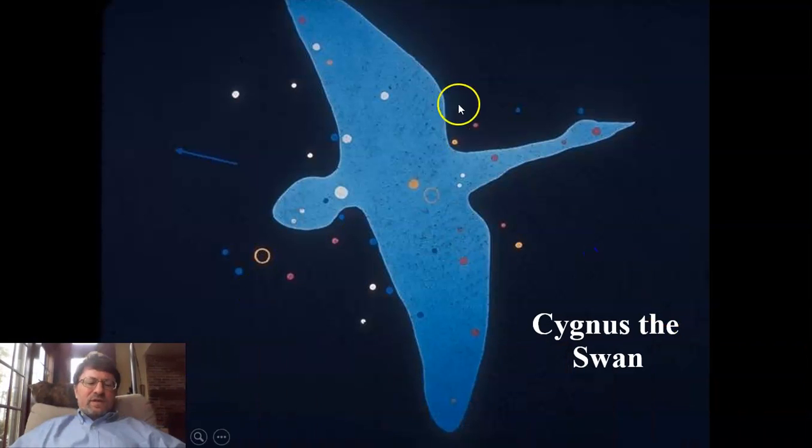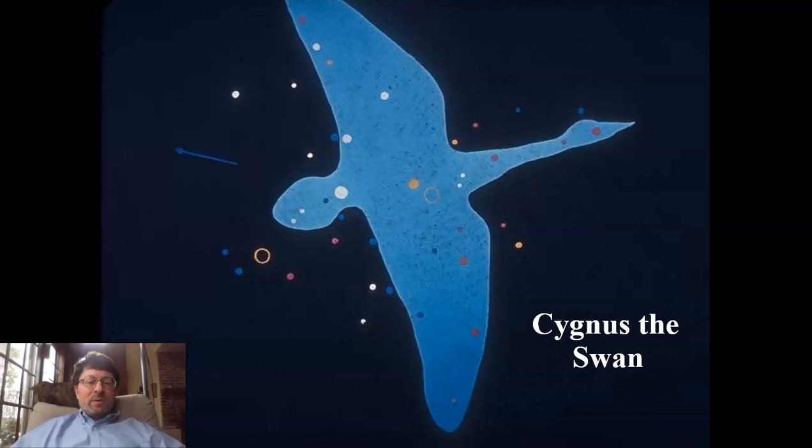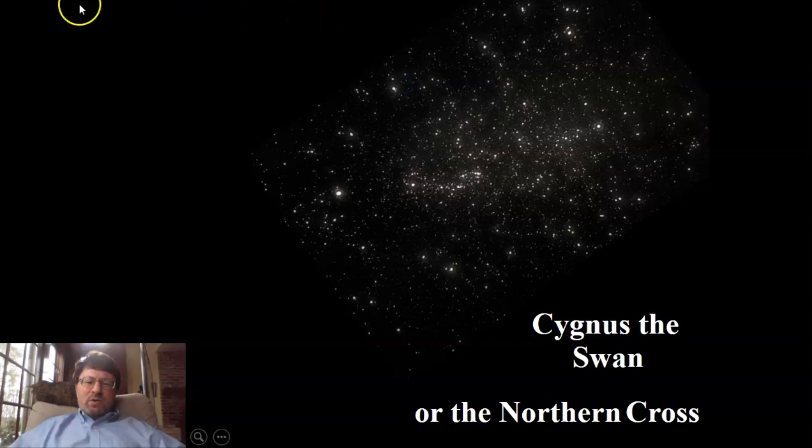Now, if you've studied biology, you may know that a cygnet is a baby swan. And if you knew that, that may help you to remember Cygnus the Swan. Or if you didn't know that and you remember Cygnus the Swan, that might help you to remember that a cygnet is a baby swan. Now, the other name that the Cygnus the Swan constellation goes by is the Northern Cross, because it kind of looks like a cross.